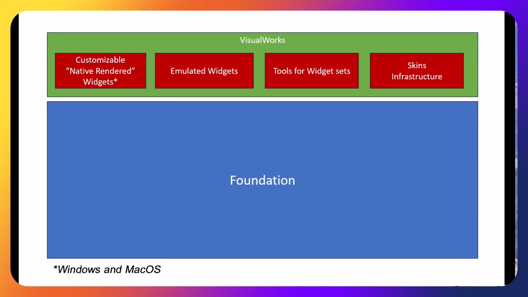It can give you customizable but natively rendered widgets, and that's just on Windows and Mac OS. On other platforms, we have emulated widgets, which are very flexible, and you can have a number of different skins for those widgets. So, for example, on Linux, you could make it look like a different platform, or even create your own custom look if that was what you required or desired.